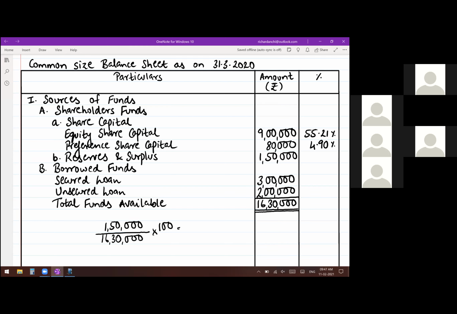What is the answer? 1,50,000 divided by 16,30,000 into 100. 9.20%. Okay, 9.20%. You said 20, correct? 9.20%. Okay.